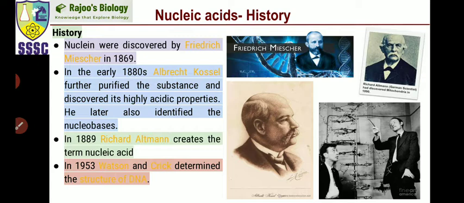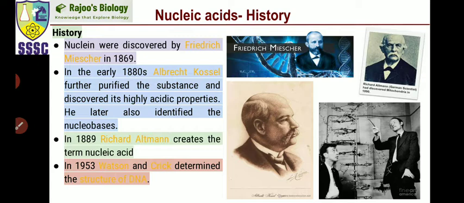In the 1880s, Albert Kossel further purified the substance and discovered its highly acidic property. So the material obtained from the nucleus and acidic in nature was named nucleic acid. He later also identified the nucleobases.